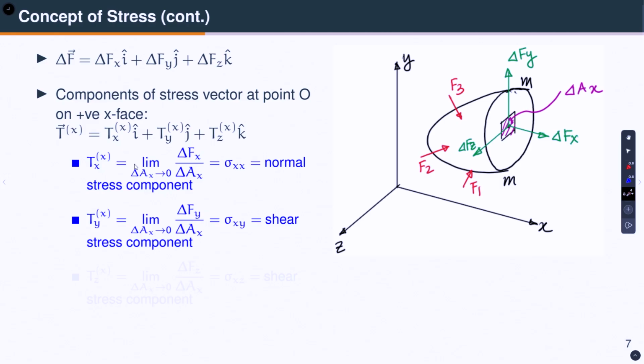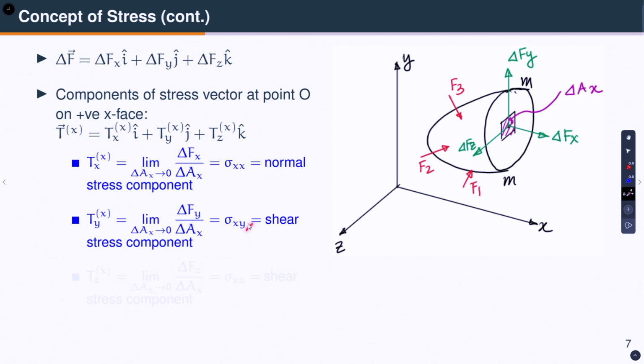We can similarly say T x y is equal to limit of this force divided by this area with the area tending to 0. And what is it? This is, as you can see, tangential to this surface, hence we call it a shear stress component. And it is acting on the x plane. X plane means its unit normal is the i vector, x plane in the y direction.